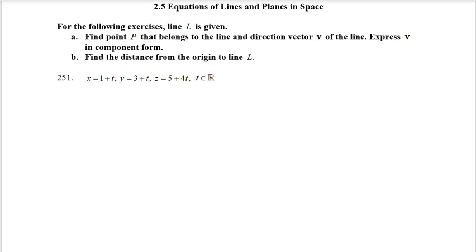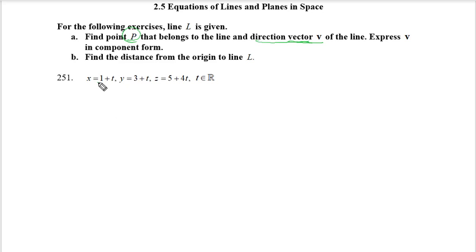So this is just the reverse of what we just did. They give us the equation here for a line and ask us to find a point for that line and the direction vector for that line. That's pretty straightforward if you followed what we just did.